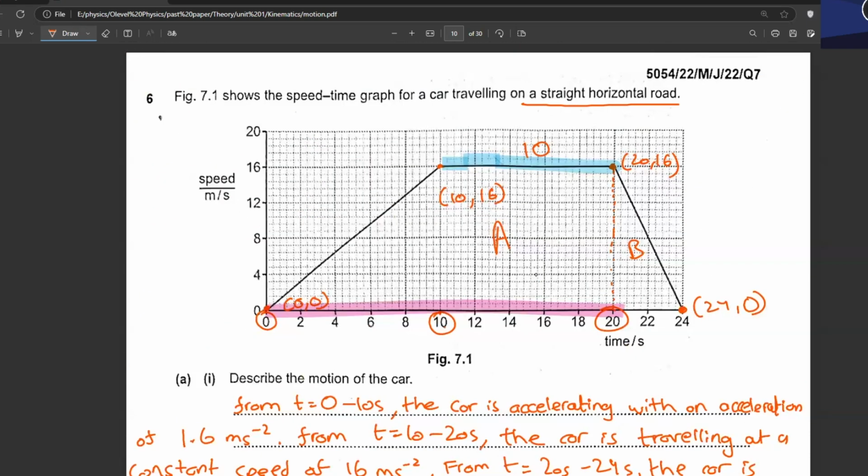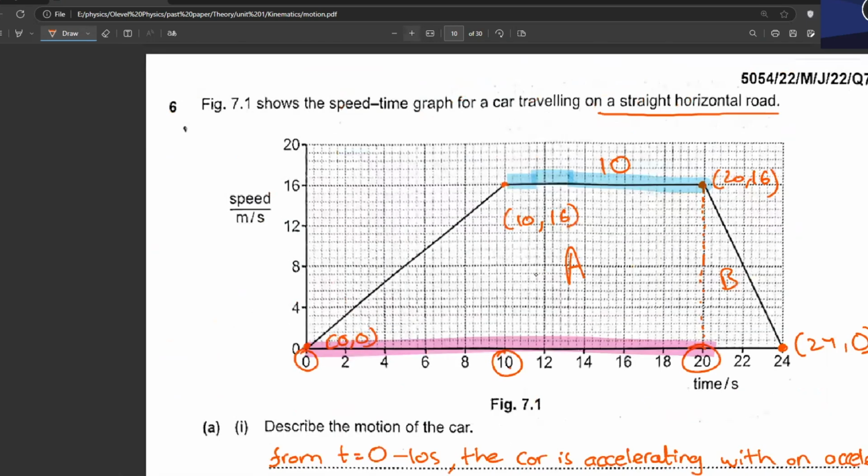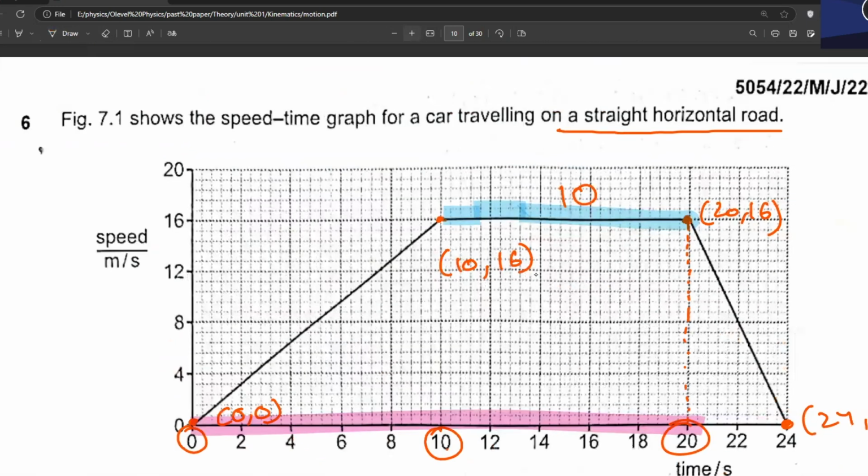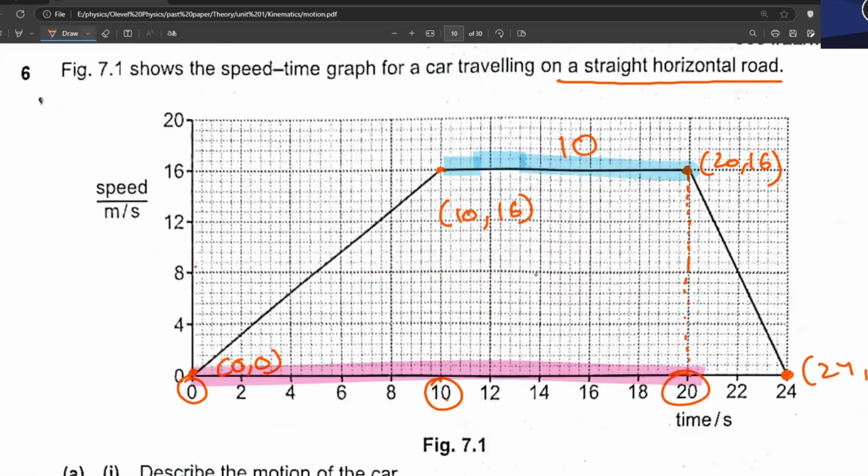If you travel at this average speed for 24 seconds, you will cover the same distance. So first of all, let's mark this. First of all, I can erase some things from here. And where will be 11.3? Now, this is also a good thing to think about. If you see, there are 1, 2, 3, 4, 5 boxes. 5 boxes on the y-axis cover 4 units. One box will cover how many units? 0.8.